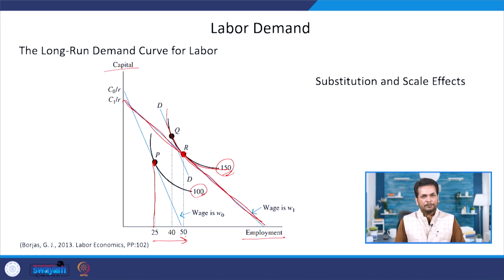This movement from P to R happens through Q. So, this effect from P to R, the total effect, is a combination of the scale effect and substitution effect.